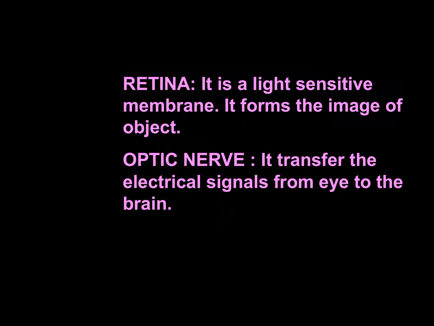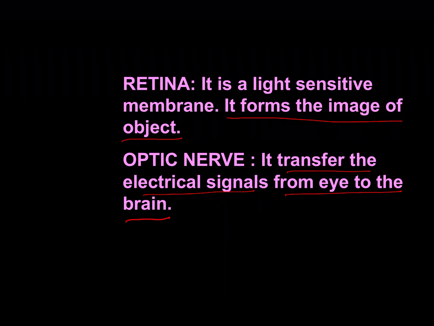Then in the back part of the eye there is the retina. Retina is a light-sensitive membrane. It forms the image of objects. This is the function of the retina. Then optic nerve. Optic nerve transfers the electrical signals from the eye to the brain. So these are the parts of the eye.